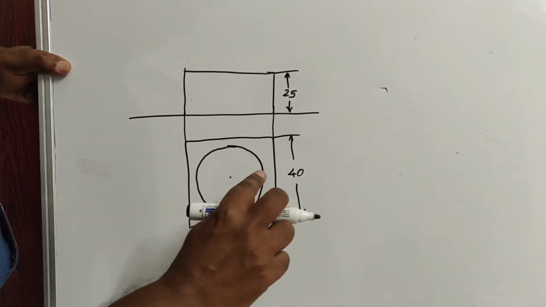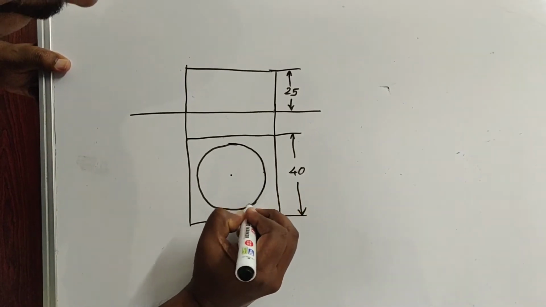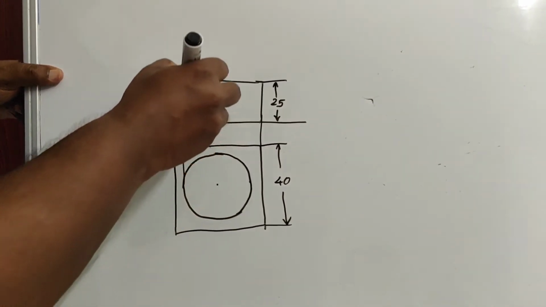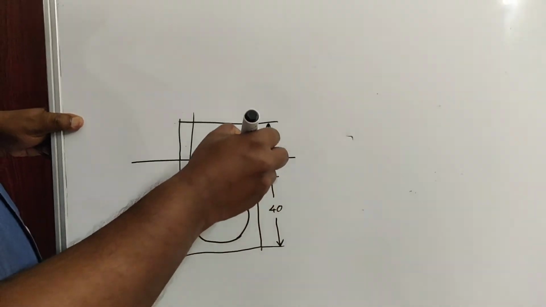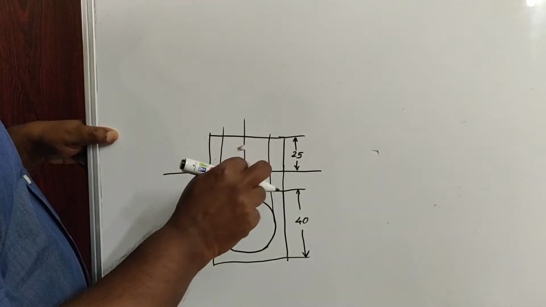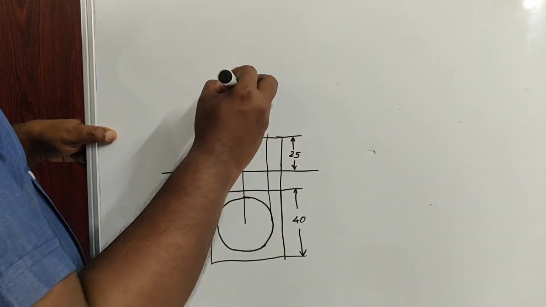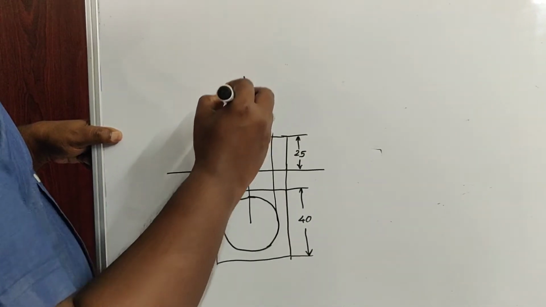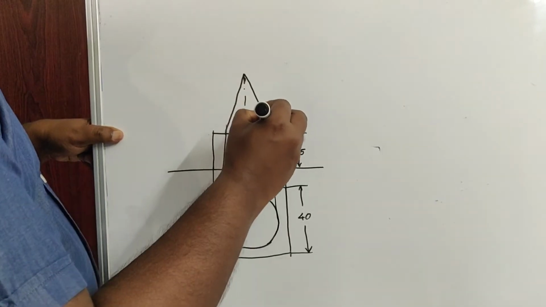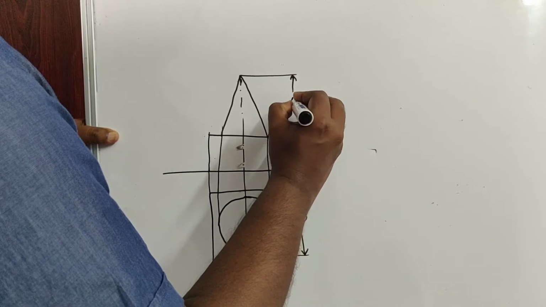Now you can draw the front view of the cone also. Again the height is 40. Using 40 mm as height, we are completing the cone.